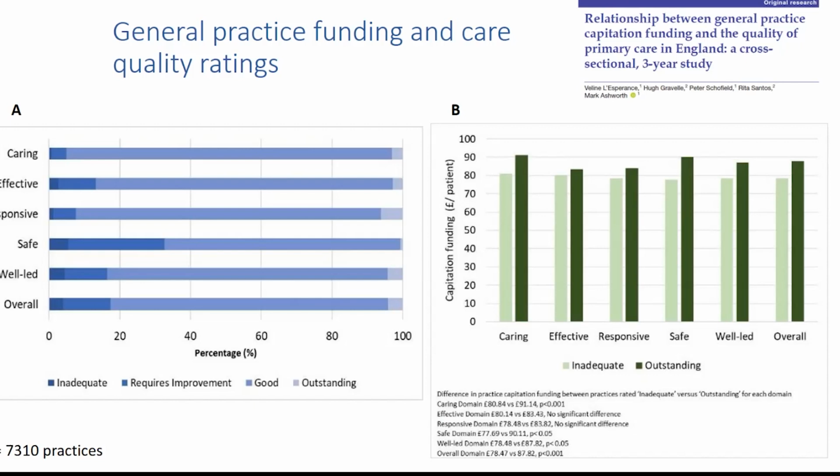Figure B shows practices rated inadequate versus those rated outstanding. As you can see across all of the domains, practices rated outstanding receive higher capitation funding compared to those that are inadequate, and that's really across the board. That shows significance in all of the domains except effective and responsive.